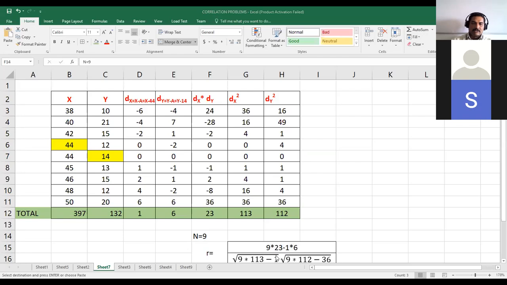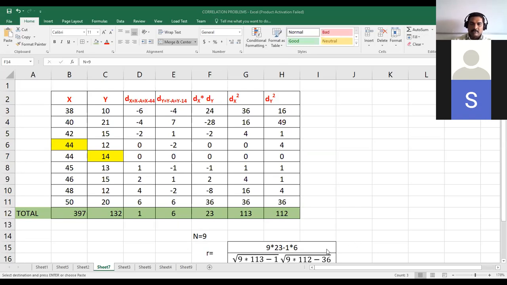Now n is equal to 9. The formula is r is equal to n into summation dx dy. Summation dx dy is 23. So 9 into 23 minus summation dx, that is 1, into summation dy, that is 6.